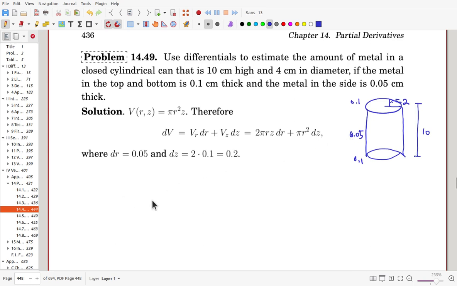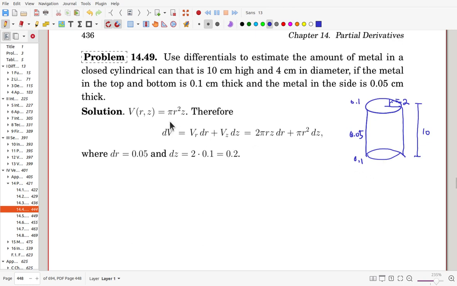Okay, here, if we try to find the approximate amount of metal, then we may start with the volume equation. Of course, here the amount of metal is, in a sense, the volume change.